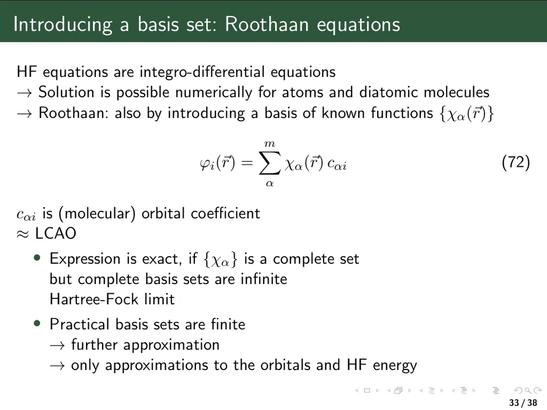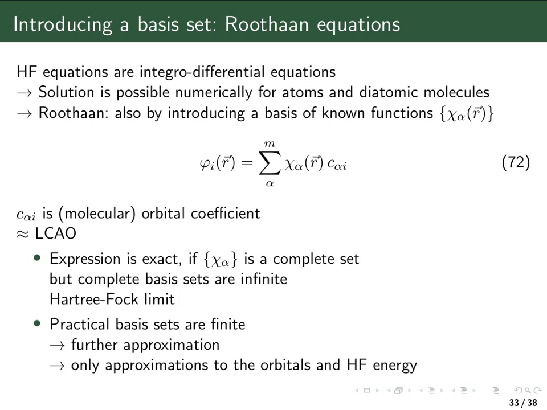So this more or less corresponds to the LCAO approach from basic physical chemistry textbooks, the linear combination of atomic orbitals for making molecular orbitals, except that those functions are typically not really atomic orbitals, but some set of known functions.